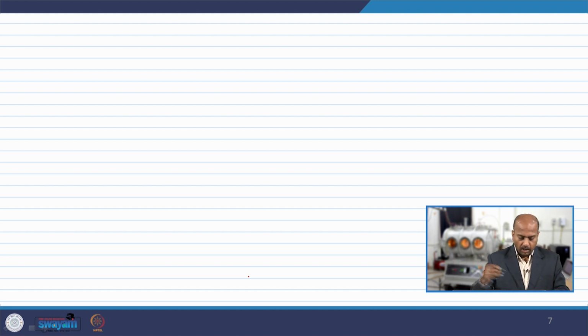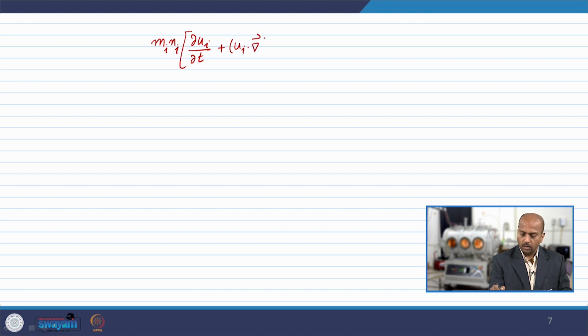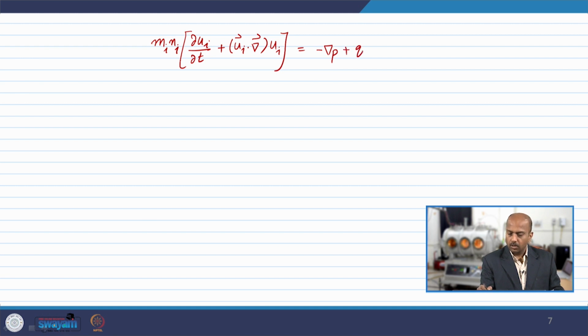So, we can start from the momentum equation itself, which is MiNi times (∂Ui/∂t plus Ui dot del Ui) equals to minus del P plus QiNi times E plus Uj cross B. So, where i can be ion or electron.